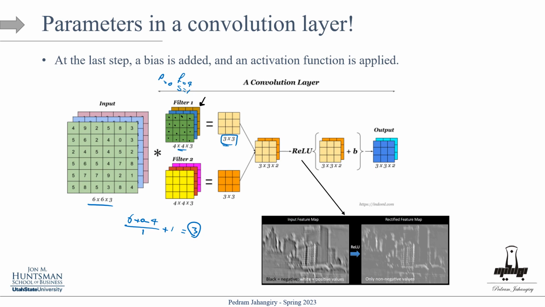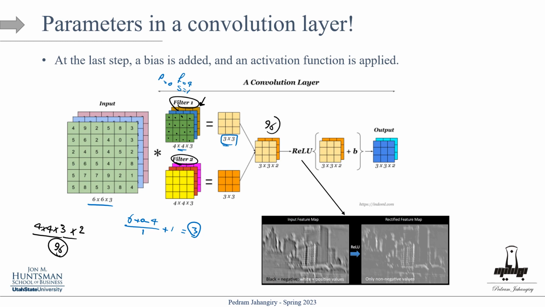So I have 4 by 4, and then 3 channels, or the number of filters in the previous layer is 3. And then how many of these filters do I have? I have 2 of these filters, 1 and 2. So far, this is the number of parameters that we have: 4 by 4 is 16, times 3 is 48, times 2 is 96. So far, there's 96 up to here.